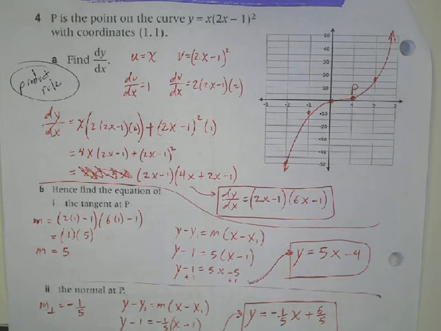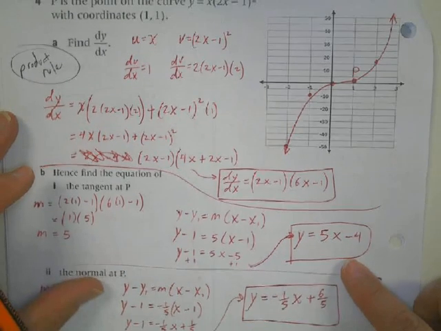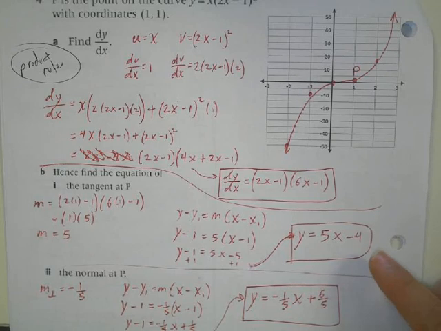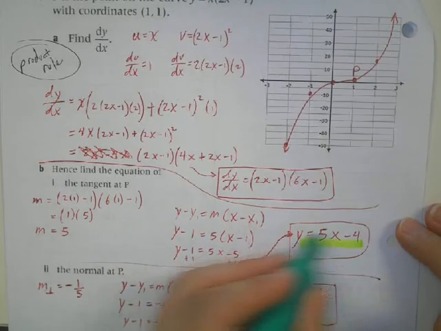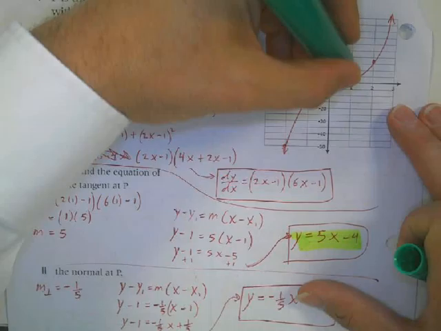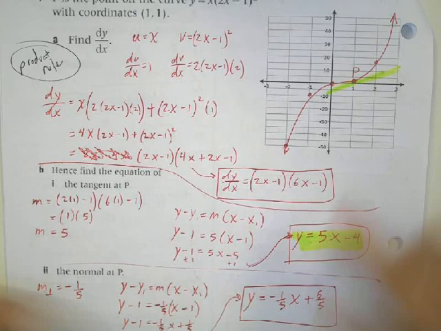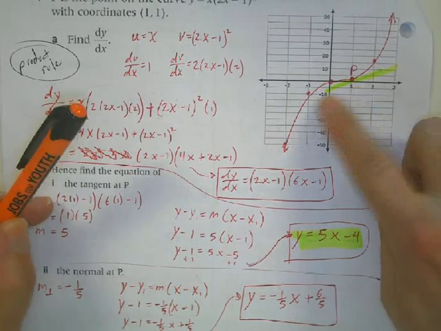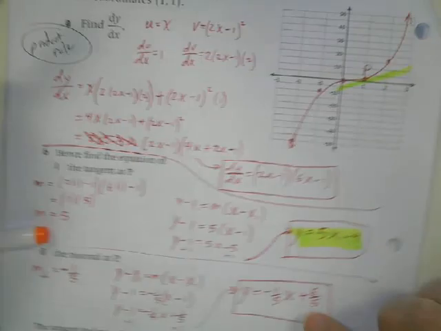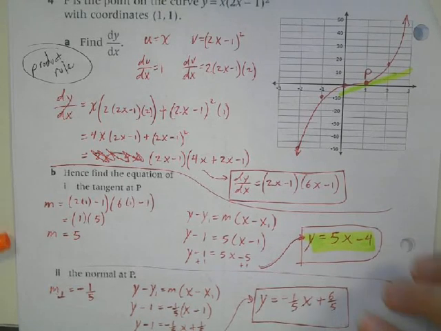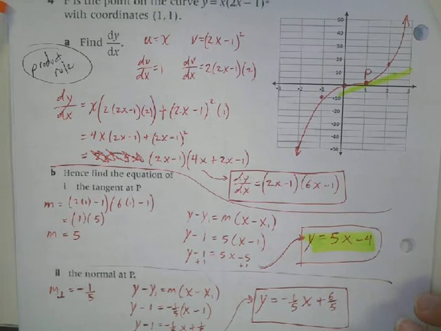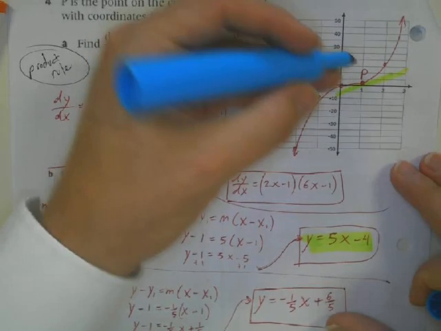And hence find the equation of the tangent line. So this tangent line is like this guy here. It's basically a line that touches this at one point, and it's there. Okay, so the normal line would be perpendicular.